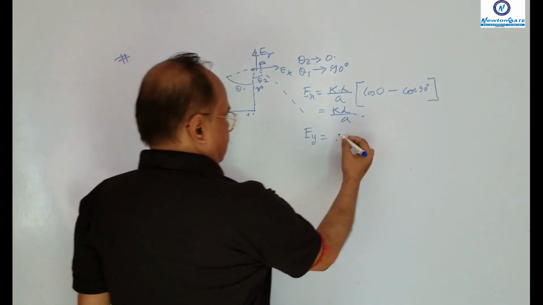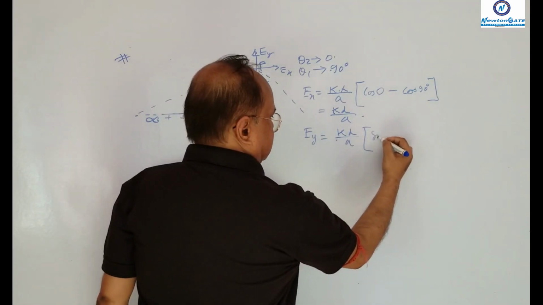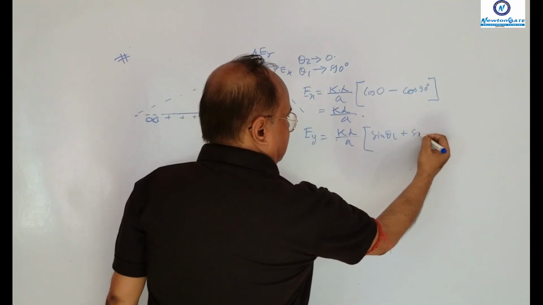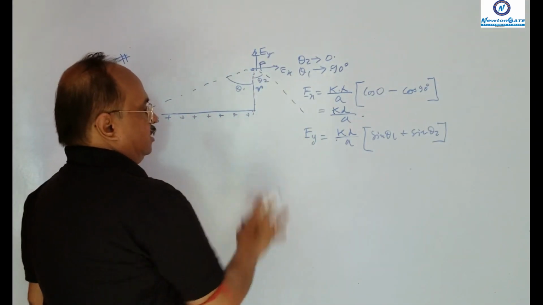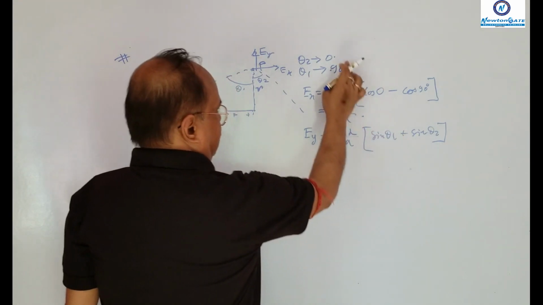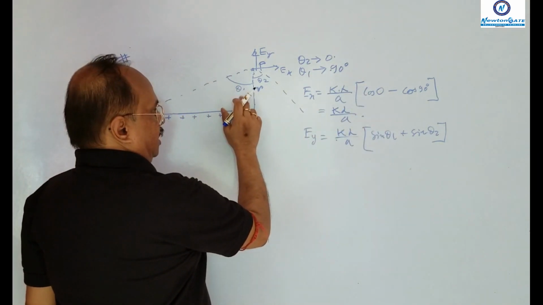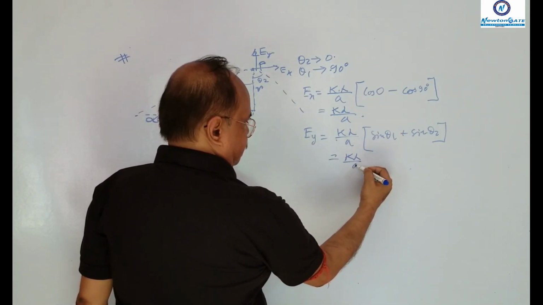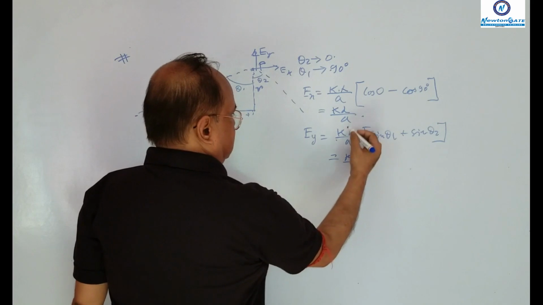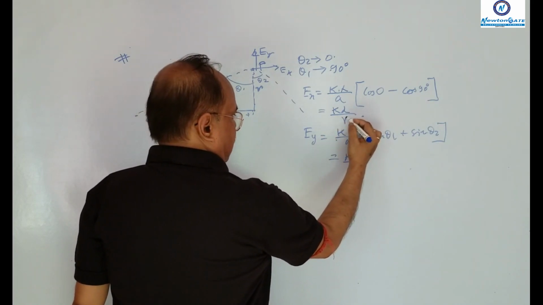Next is our Ey. You know the formula is k lambda by a into sine theta 1 plus sine theta 2, and our theta 1 tends to 90 degrees. Actually, I forgot to write, this is not a, it will stay as r.